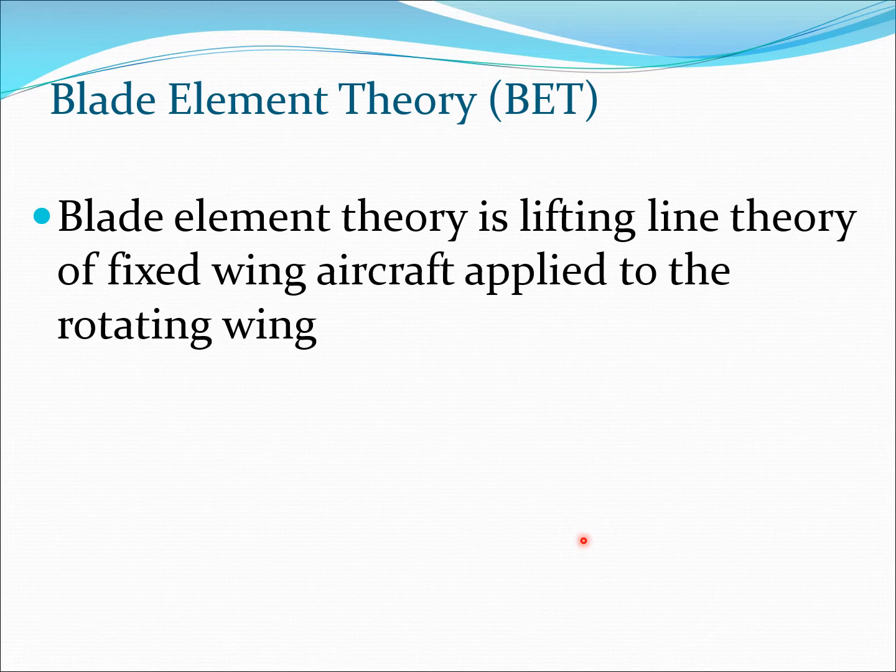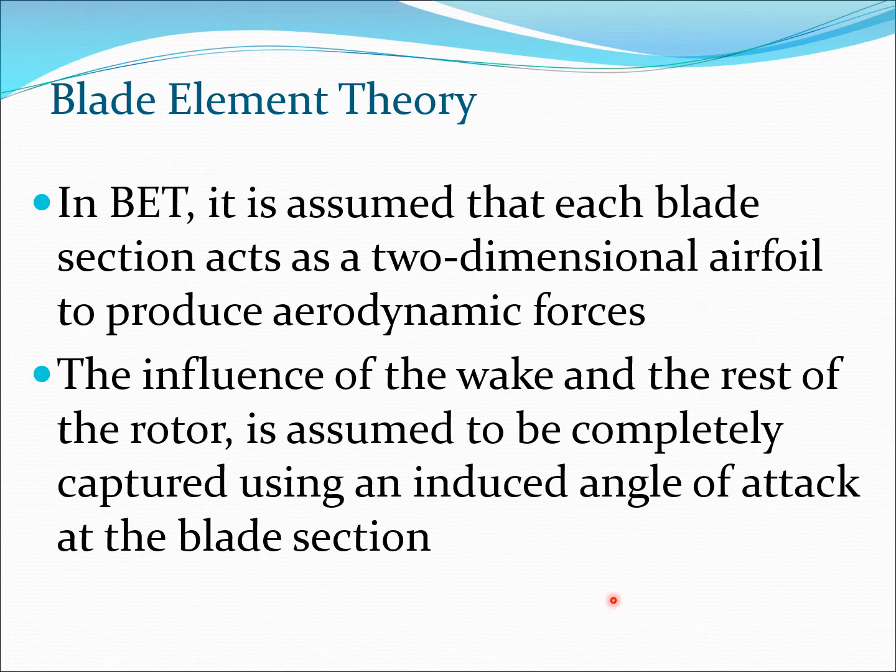Now, those of you who are familiar with fixed wing theory would realize that the blade element theory is essentially lifting line theory of the fixed wing being applied to the rotating wing. In BET, we assume that each blade section is essentially a 2D wing section, and this is used to produce the aerodynamic forces.